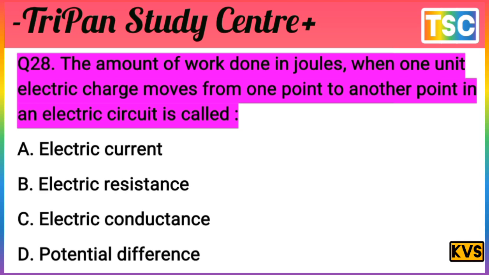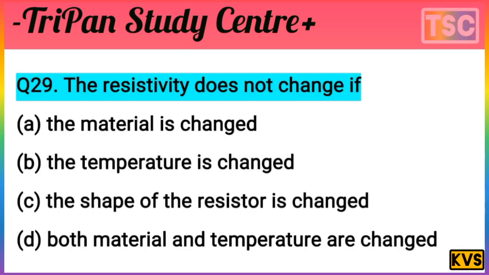Let's see the next question on your screen. The question here: the resistivity does not change if A, the material is changed; B, the temperature is changed; C, the shape of the resistor is changed; D, both material and temperature are changed.